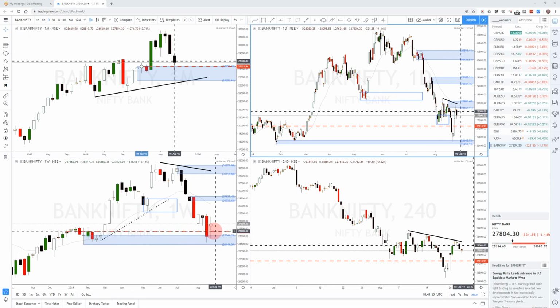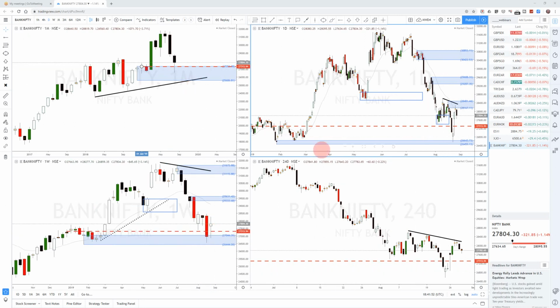This is a set and forget level on the weekly based on the weekly monthly sequence. Make sense? All good? Any questions about it? Okay, Troy, wouldn't the daily demand have to be strong as well? Yes, it should be strong, but it is not strong yet. So nothing there.